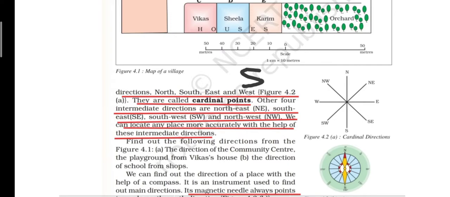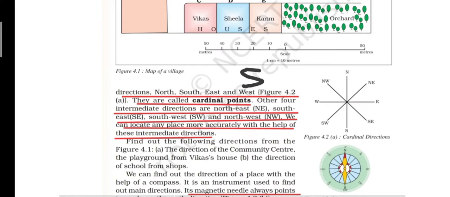So children, if you have to locate any place more precisely, more accurately, then you will require the knowledge of intermediate directions. There were four cardinal directions and there are also four intermediate directions.